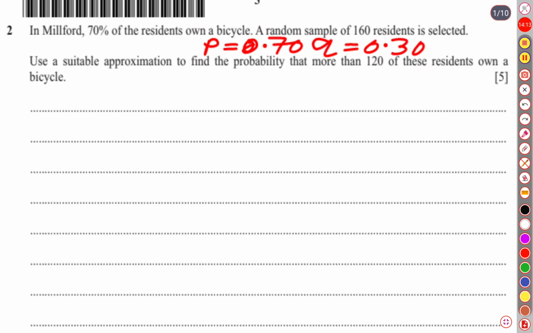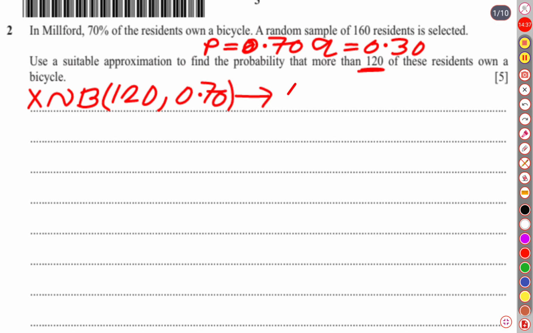Let us write X belongs to the binomial distribution, where the parameters are n and p. n is the total number of experiments, and our individual probability is 0.70. If we convert it into a normal distribution, X belongs to a normal distribution.